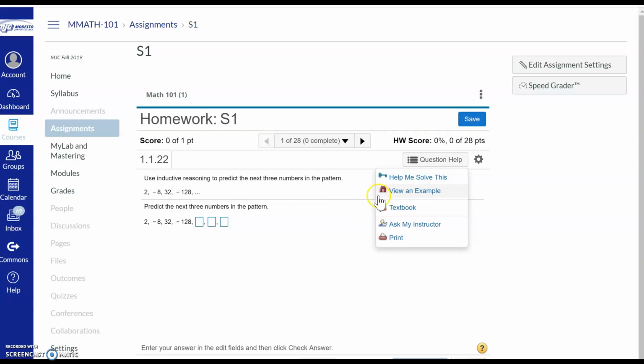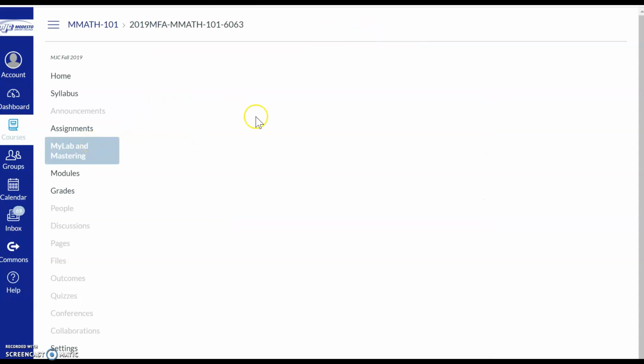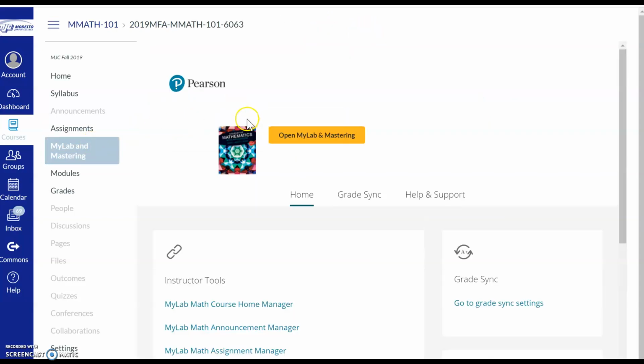And so what could you do before you worked on the software problems if you found you needed some extra help? Well, the way to do that is to get into MyMathLab by the MyLab and Mastering. And now that we've purchased it, all the rest of the times you click on this yellow box, you will get directly into MyMathLab.